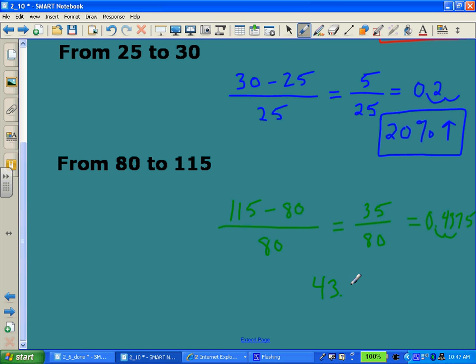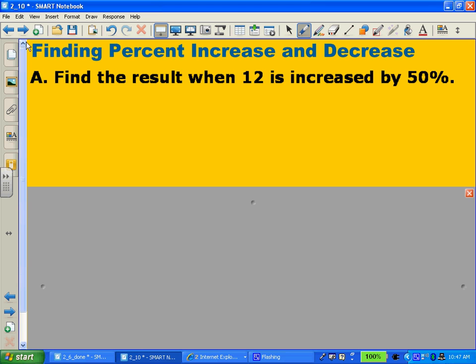Gotta move my decimal, so I got 43.75%. And I started at 80, went to 115, so I got bigger, so that's an increase. Okay, so that's how I find percent increases and percent decreases.